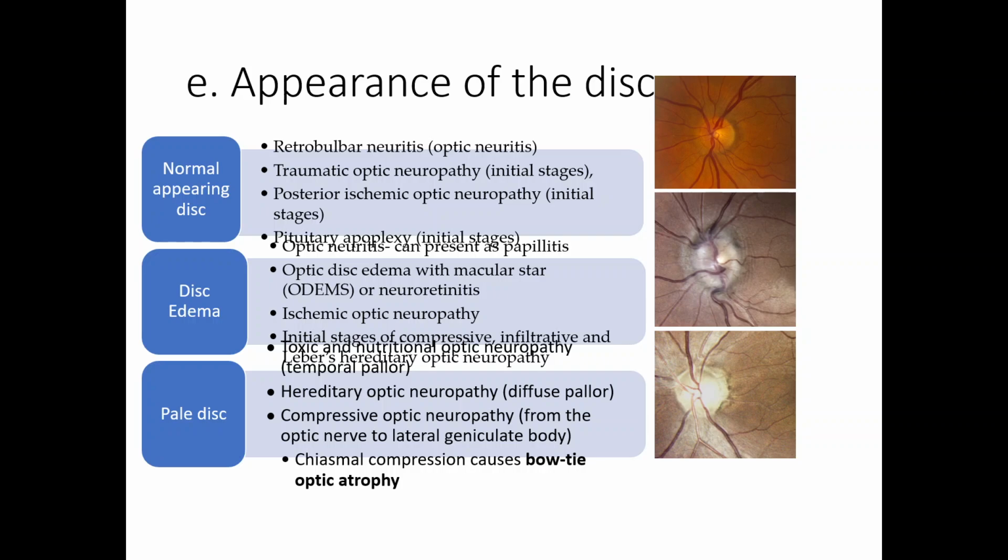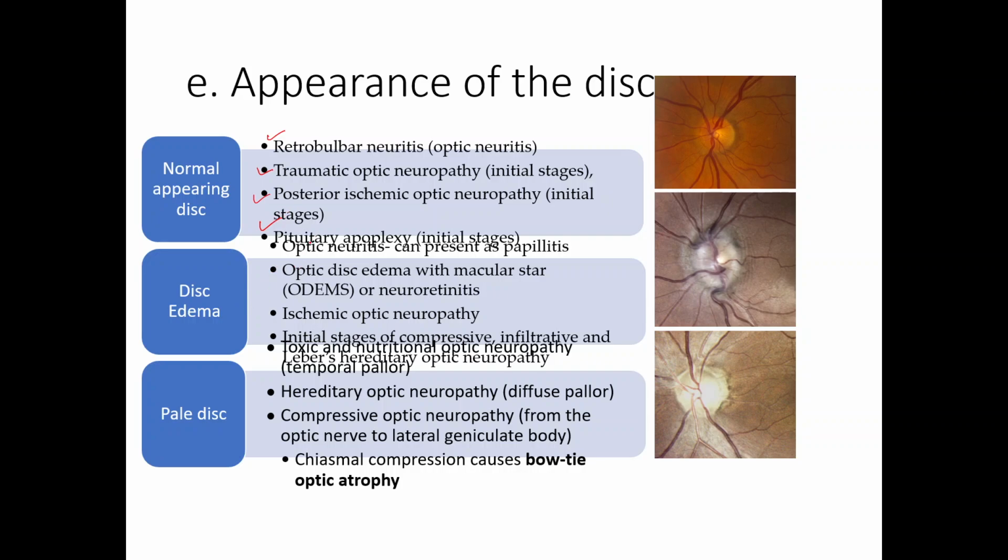So now, how does the disc appear? Many a time in optic neuropathies the disc may be normal appearing. The causes here are retrobulbar neuritis, early stages of traumatic and posterior ischemic optic neuropathy, and pituitary apoplexy.